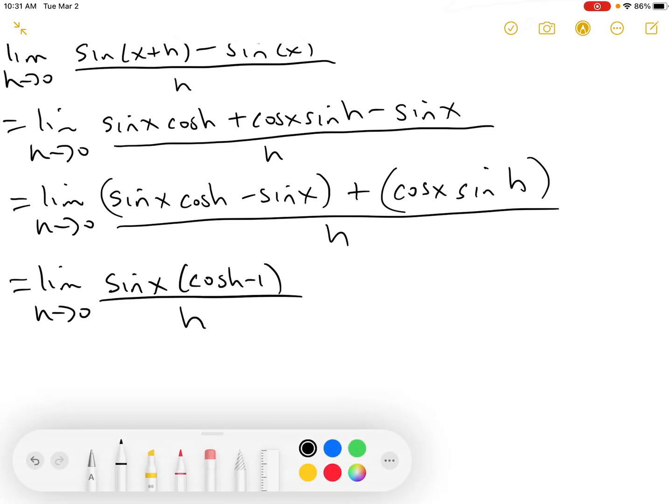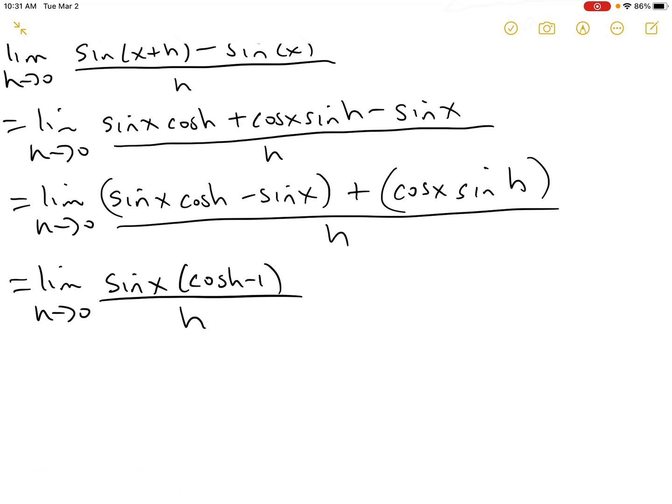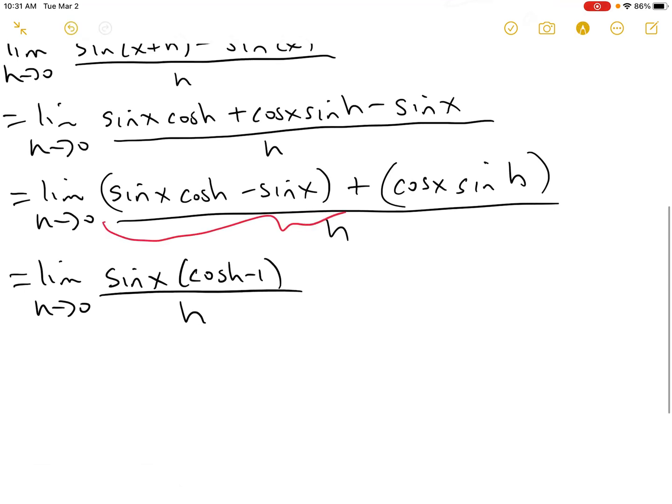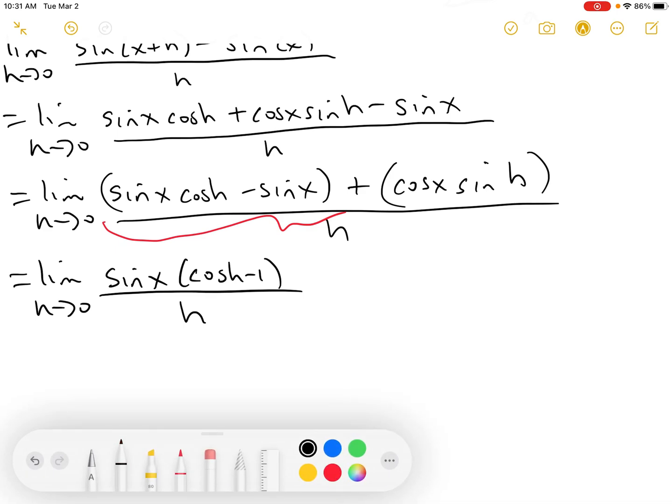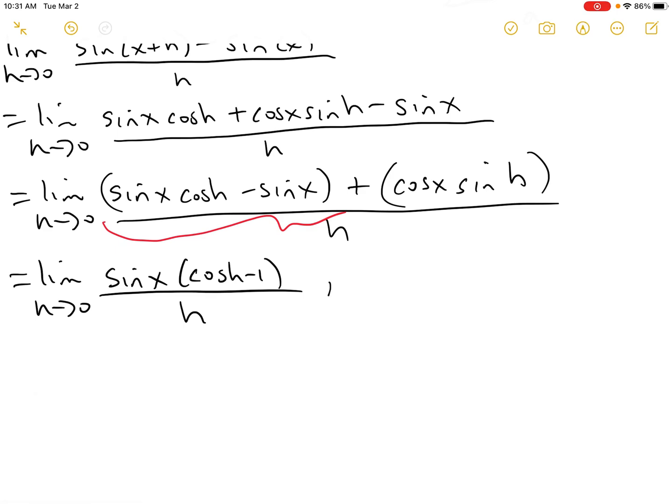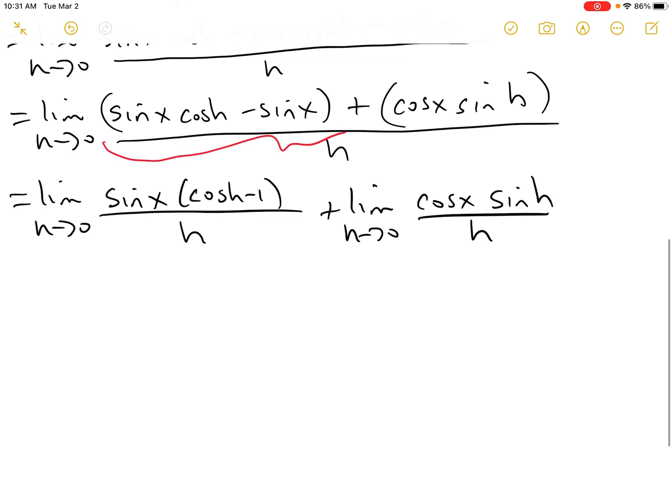Right, and that comes from this guy. I factor the sine out. And then over here I have the limit as h approaches 0 of cosine x sine h over h. Now note that since sine x and cosine x in both of those limits don't have any h's in them, we can pull them out front.